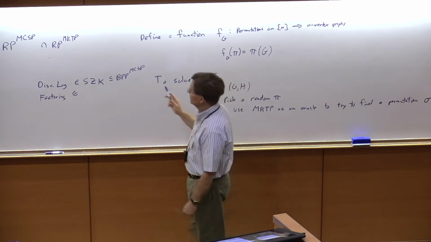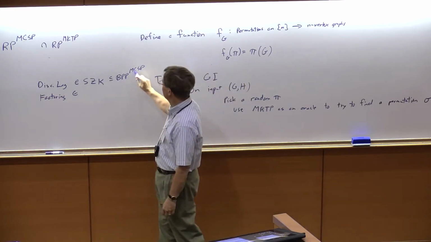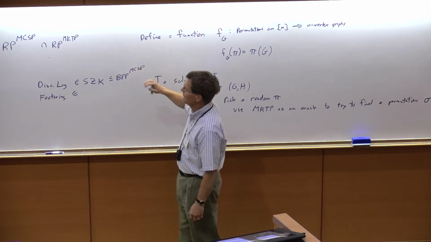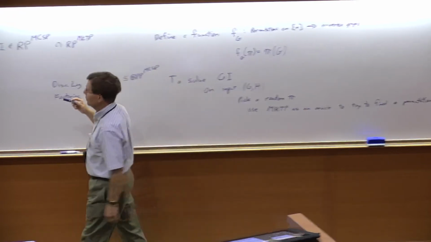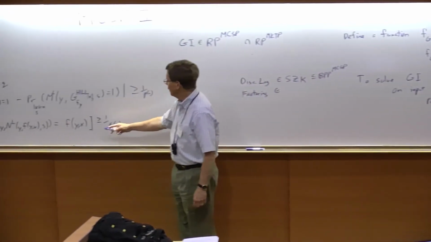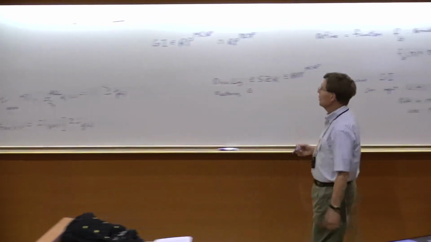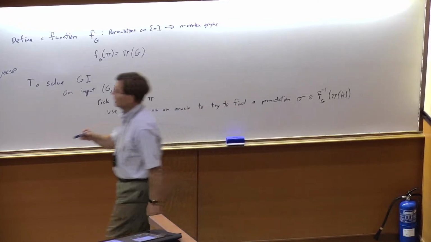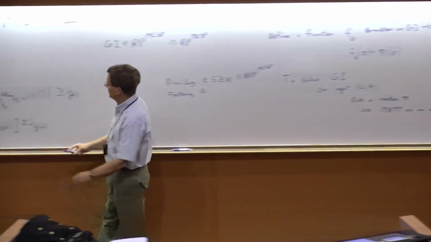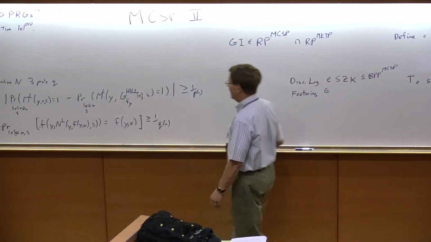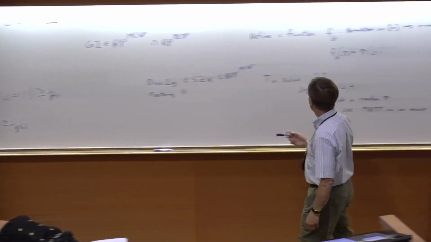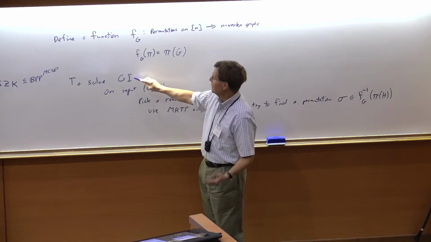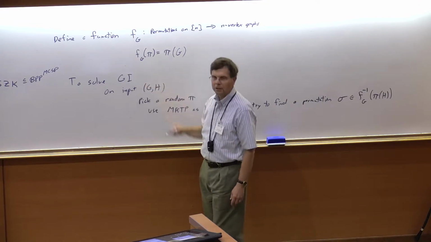And thus, because MCSP is a great test, we can invert the so-called one-way function and thereby compute F with high probability, and frequently that allows us then to solve a particular problem.